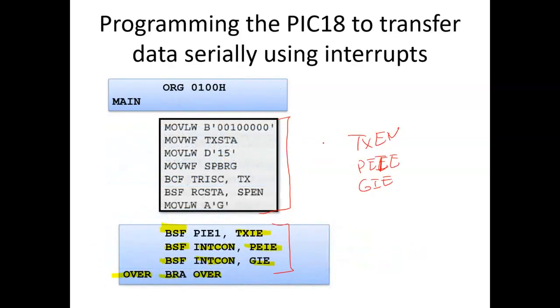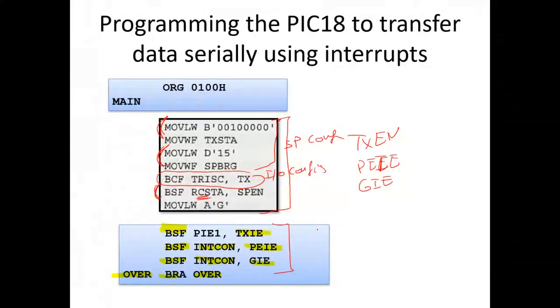In the main, we have the configuration. So what do you have in the configuration? We have the input-output configuration, and here we have TX as output. We have to make the serial port configuration by giving the value of the TX status, by giving the value of the serial port baud generator, and by giving the value of the RC status.